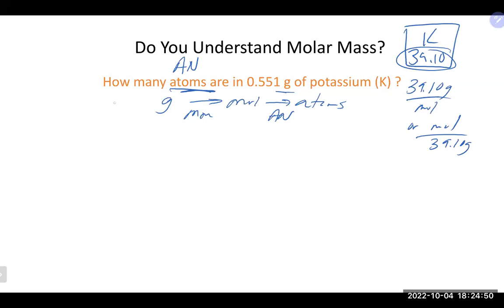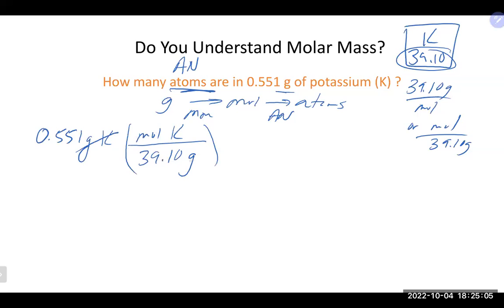So starting with our 0.551 grams of potassium, we're going to divide out the grams there. So 39.10 grams per mole of potassium. We stop right there. We have got rid of our grams. We're in units of moles.